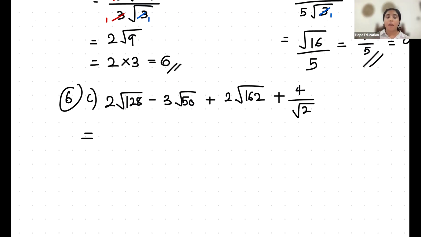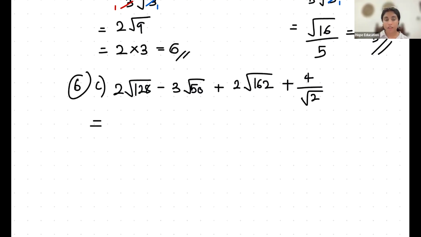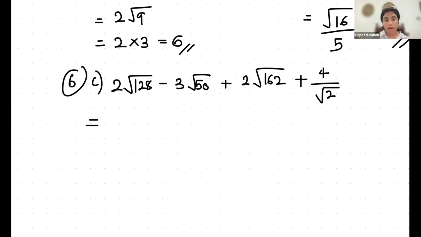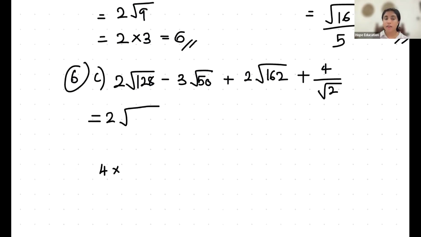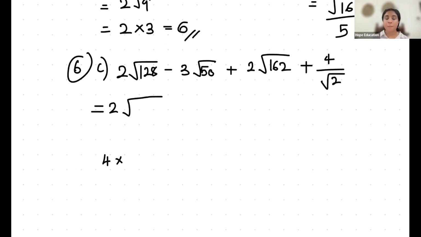Let's look at the first one. Here we mainly have simplification to do. You can see that root 128 is an entire surd. We need to convert it to a normal surd. So I write 2 as it is, then 128. Let's see. 4 times something. 4 is a perfect square. 4 times 32 is 128, so 4 works. Let's look further.